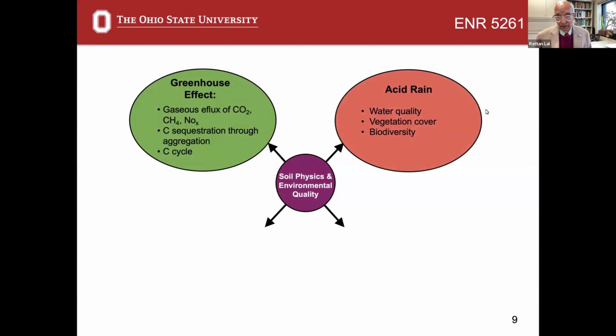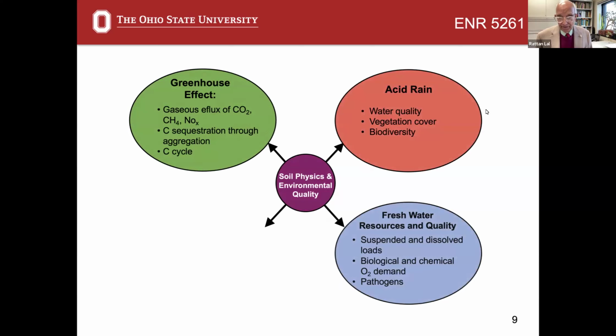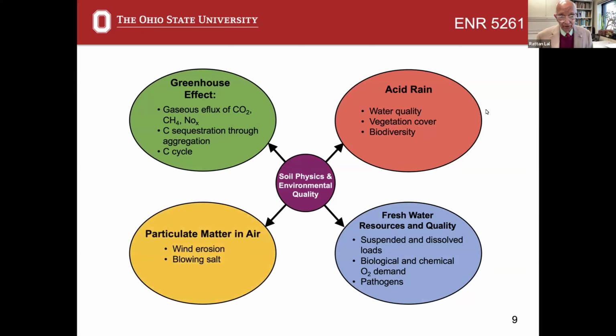Then we look at the acid rain, water quality, vegetation cover, biodiversity. We study fresh water resources and quality, suspended solid, dissolved material in it, pathogens, and how those affect soil and any other living organisms above and below the soil. And of course, we look at the particulate matter in air, such as happened by wind erosion and blowing salt.